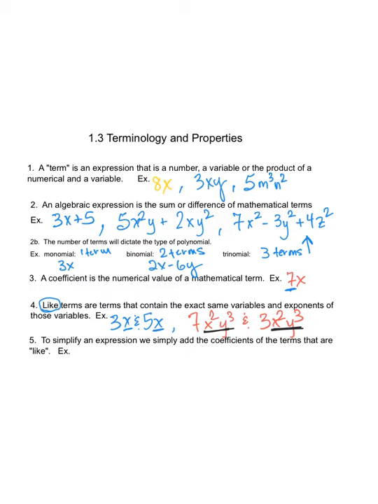Now, if the variables and their exponents are exactly alike, ladies and gentlemen, that means that we can add and subtract them. Only if they're like terms. So let's try 3x plus 5x. And you guys know this.